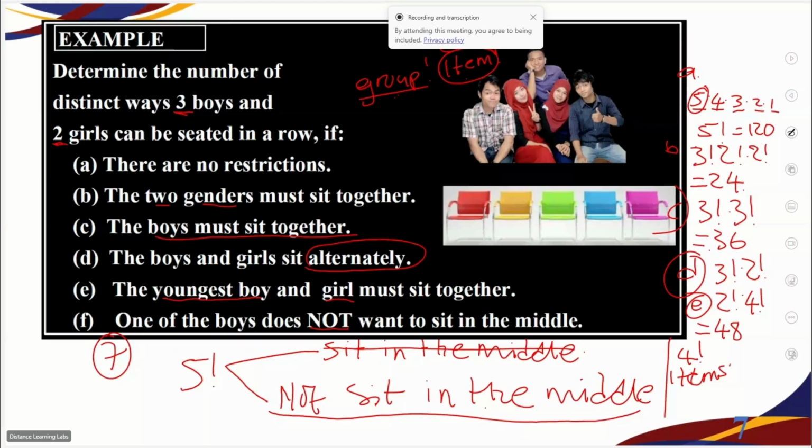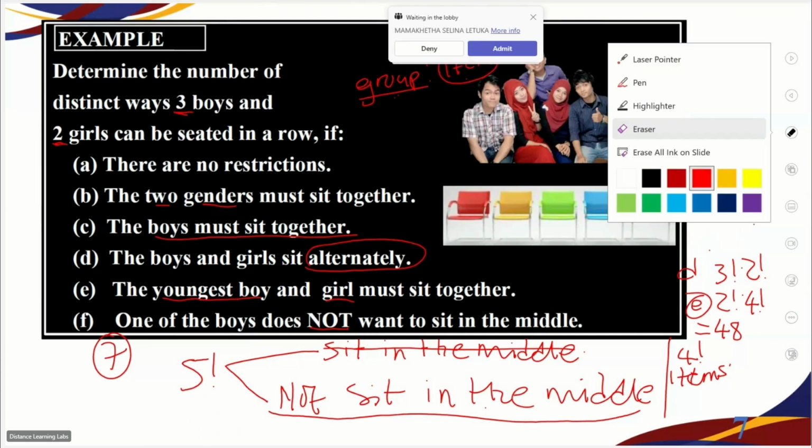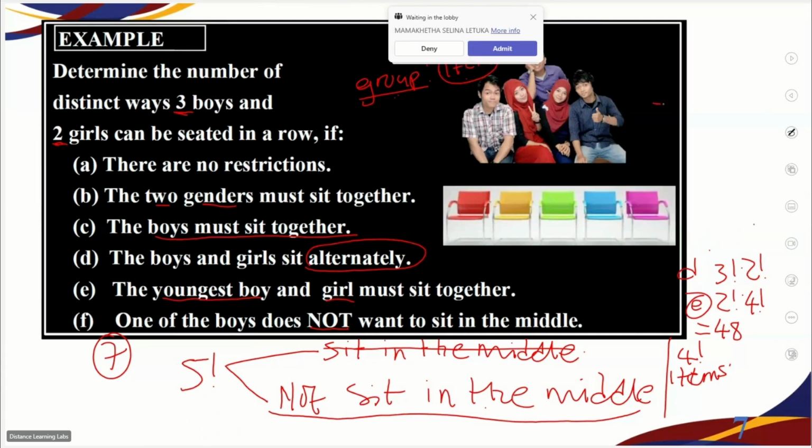Now let's check in how many ways can they sit if the boy sits in the middle, so that you can subtract it from our 5 factorial. I think the space is enough. 1, 2, 3, 4, 5.